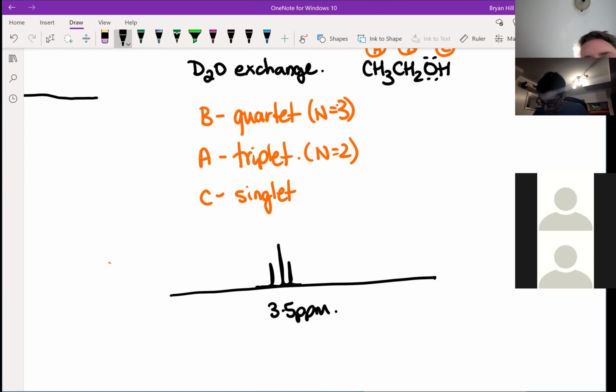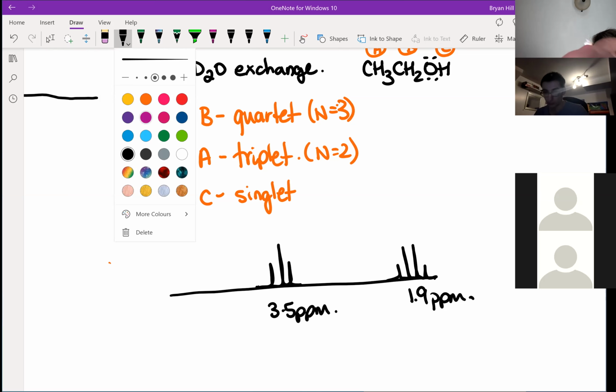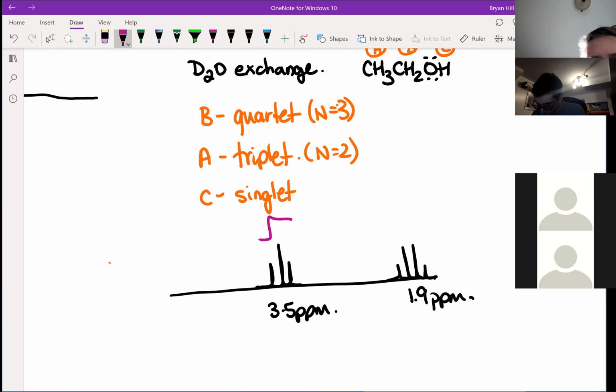And we should have a quartet down here at maybe 1.9 ppm, I'm going to guess. Let's draw our integrals. This will integrate to 2H. This will integrate to 3H. And our proton on the oxygen.